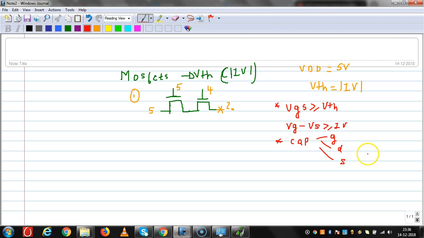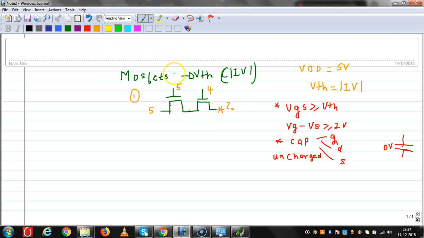Initially you consider them as capacitors, and if the node voltage is not given, consider that as a capacitor which is uncharged. So what do you mean by uncharged? By uncharged I mean consider them as a capacitor whose voltage is 0. It means there are no charges on the capacitor plates. So let us get started and solve this interesting problem.